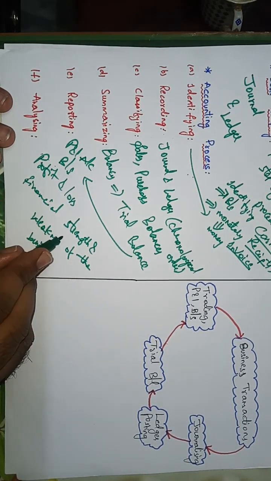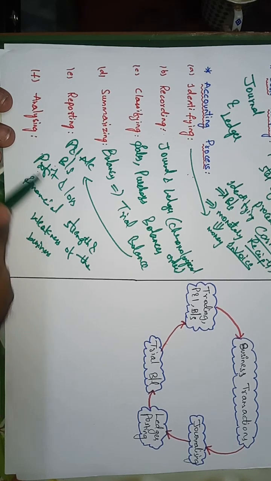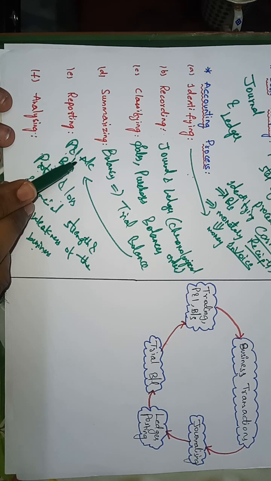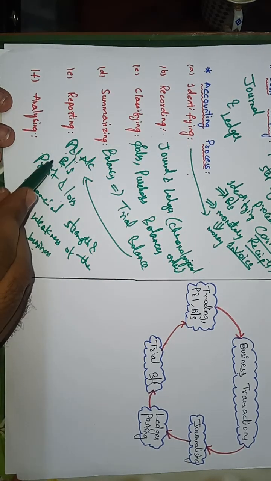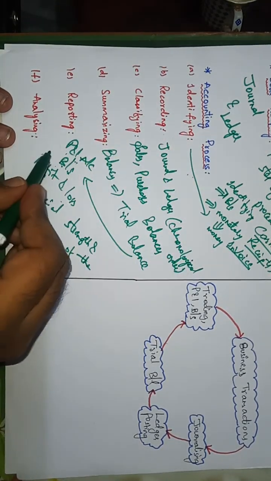The financial strength and weakness, and profit and loss, are identified by analyzing the profit and loss account and the balance sheet, which are the last step of the accounting process. These steps are to be followed in the accounting process.